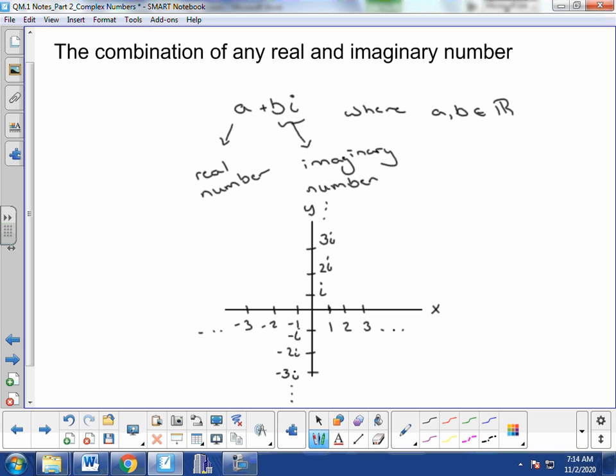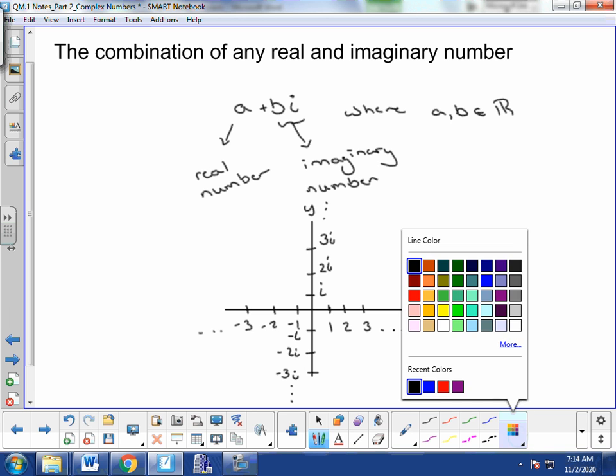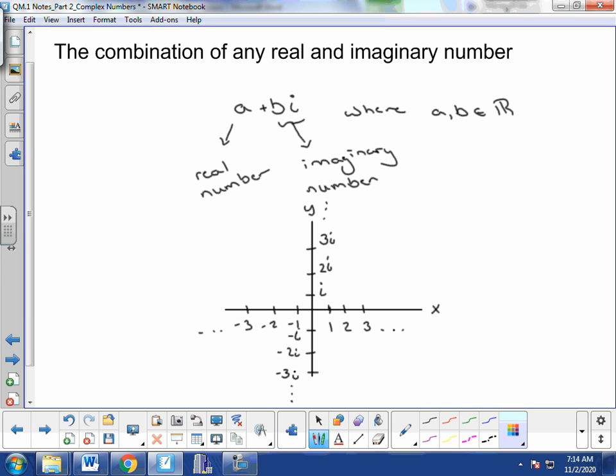So if we took a look at an example, a number that does not exist on the real Cartesian plane that we're used to seeing, maybe an example would be 3 plus 2i. We can actually graph that solution. That solution would be 3 on the x-axis and 2i on the y-axis. So that solution does have a location.